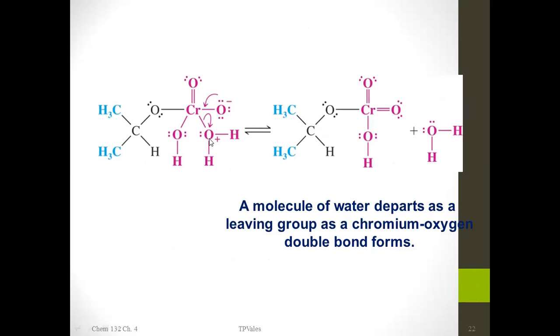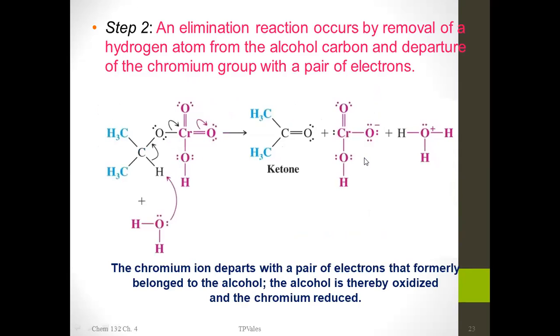So to disperse the positive charge, water will leave from chromium. And once it leaves from chromium, this one will form a chromium double bond here. So a molecule of water departs as a leaving group as a chromium oxygen double bond forms. So you get Cr with two double bonds to oxygen and OH, plus water.